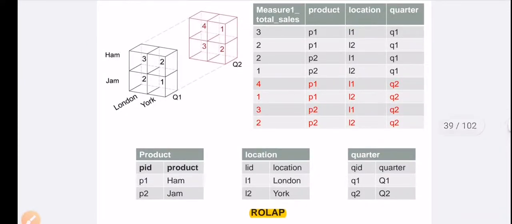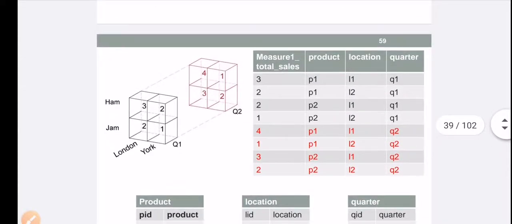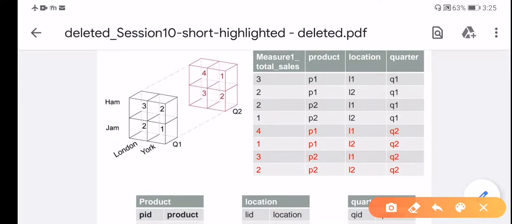Okay, and then we just use the data inside this cube, inside the table as shown here. I'll show you some of them. For example, we have ham 3. Okay, this is the product. Ham 3 is here, and then we have ham 4. This is for the second slice.